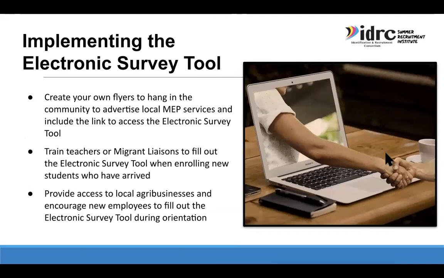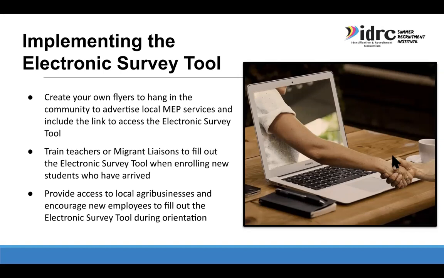So we encourage, as we're sitting here, we'll talk a little bit more about how to share it. But like I said, we want states to be able to use the electronic survey tool and incorporate it into what they're already doing. And so we encourage everybody to create your own flyers to hang in the community, to advertise your local MEP services, and to include the link and access to the electronic survey tool in the materials that you're creating.